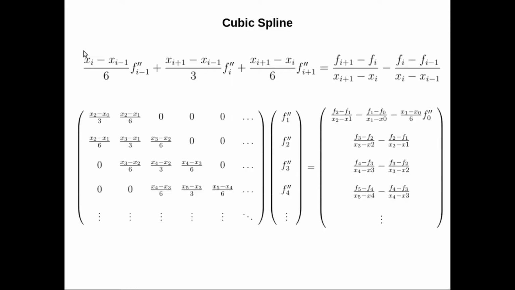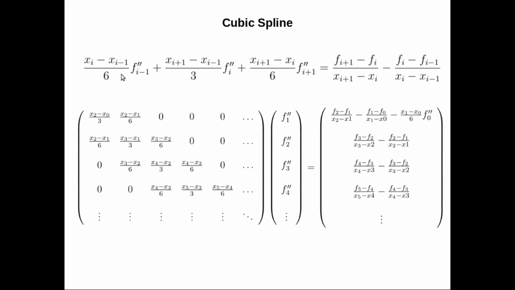What we had is the equation in second derivatives that we got from matching the first derivative at every abscissa from both sides. This is nothing but a system of linear equations, and if you write it in matrix form, the unknowns would be f1 double prime, f2 double prime and so on.